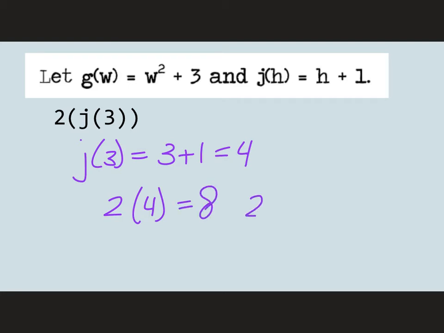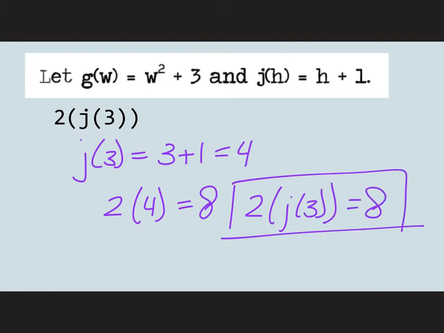So 2 times j of 3 equals 8. I know that looks super tricky, but really, if you ignore the 2 for just a second, you have j of 3 right here. Then multiply whatever you get, your solution, times 2.